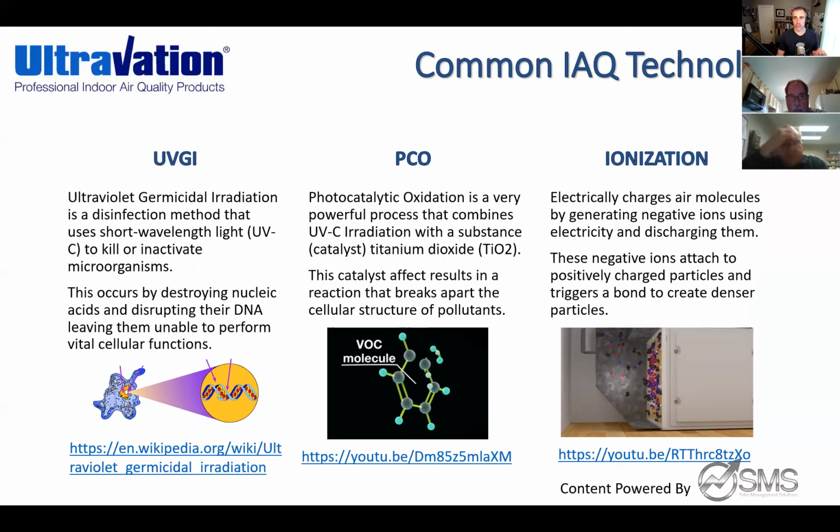If you are dealing with UVC wavelength bulbs in a residential or a commercial application, then technically you're applying UVGI technology into or onto that system. So it's important to clarify that. That comes right out of the handbook. You can't just keep throwing around UV all the time because there's actually different wavelength spectrums, right? We'll get into that as well. So it's good just to help clarify these terms.